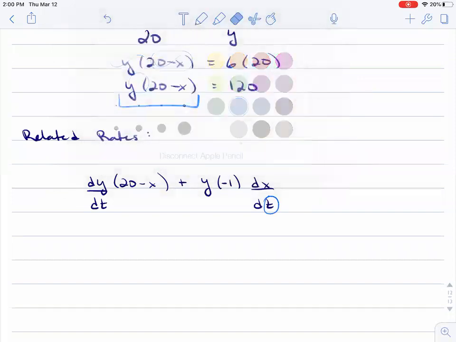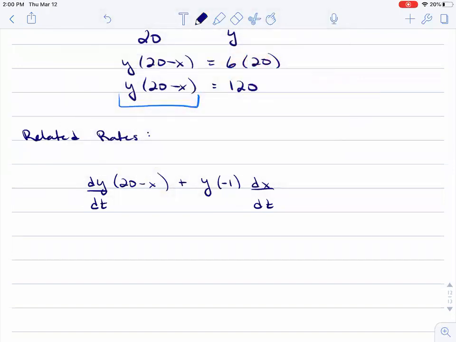So it's not like implicit differentiation where we had to just tack on the dy dx. Now we're taking the derivative of y and x with respect to t, so they're basically both implicit. Taking the derivative of 120 with respect to t, either way, it's going to be 0.